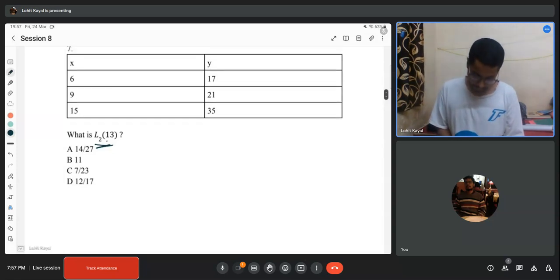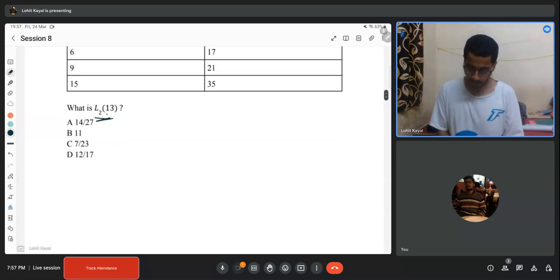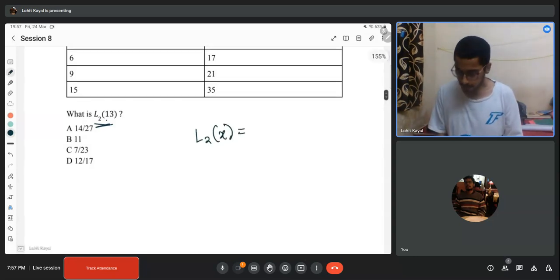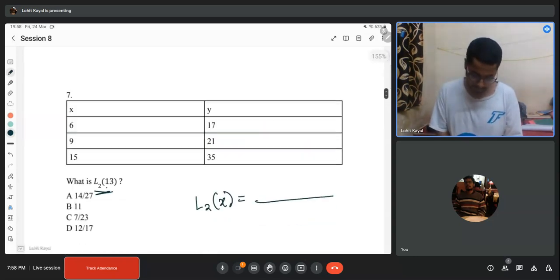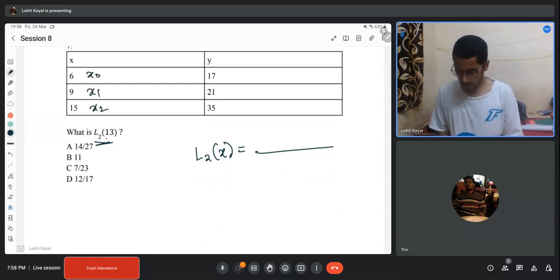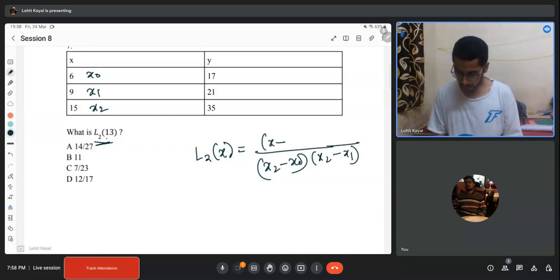So L2 of x means, in the denominator, here I have total how many points? 3 points. So it is x naught, this is x1, this is x2. So it will be x2 minus x naught, x2 minus x1 into x minus x naught, x minus x1. So what will be the value?